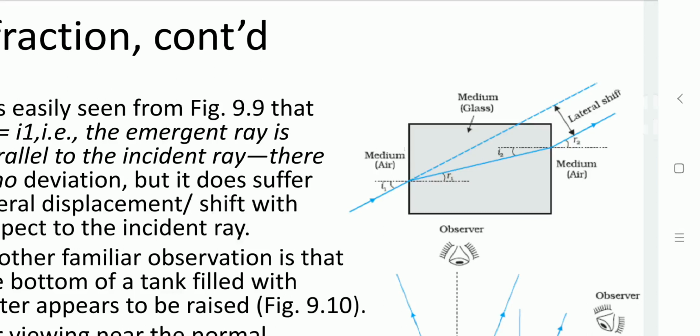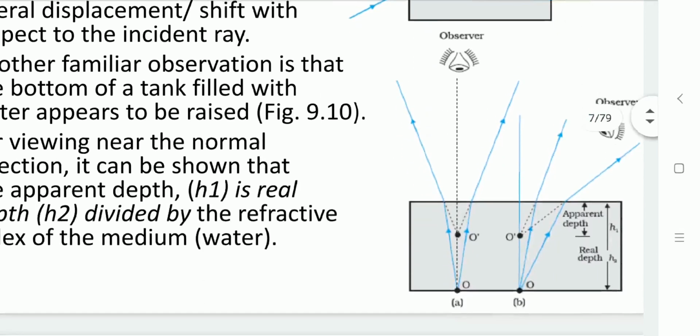For example, if you can see in the diagram, consider this rectangular box as a tank filled with water. If we see the water level from the normal or near the normal, it is visible at an apparent depth H1 that is defined at the level O dash.